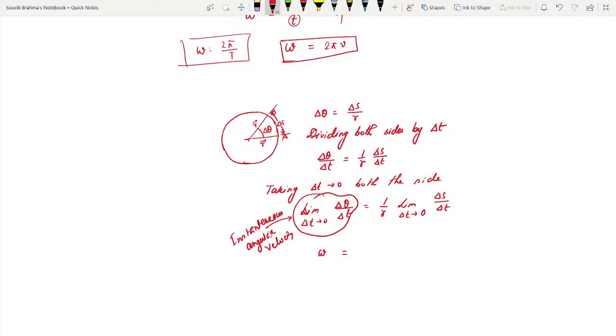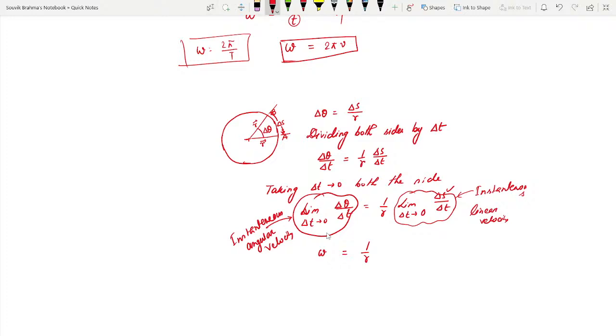You can write instantaneous or you can leave it like this, omega, and here it should be 1 by r. This portion is nothing but instantaneous linear velocity, because it is delta s by delta t.